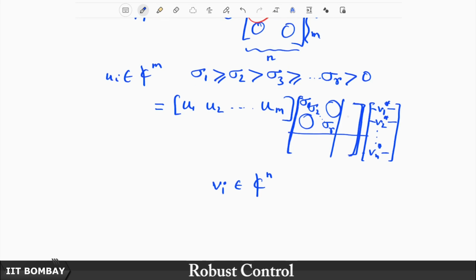Now once we have this written down like so, what can we then do?